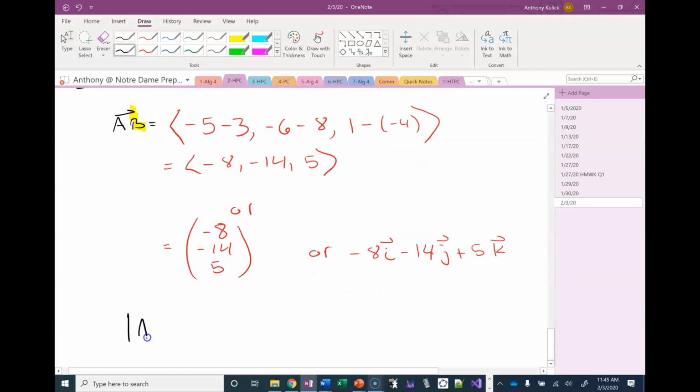What if I wanted also the magnitude of AB? In 2 dimensions, how did we do this? The square root of, that's correct, the square root of the first component squared plus the second component squared, right?